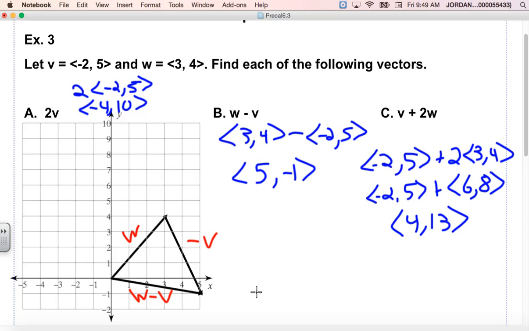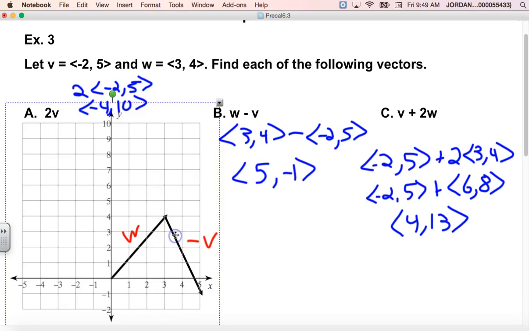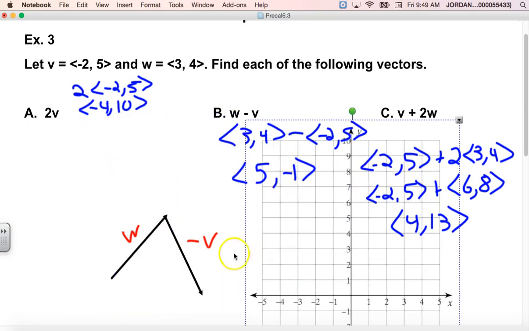Okay, you can do the same thing for v plus 2w. You can start with your v vector and then double the length of the w vector. Okay, so let's start with v. Flip this around.